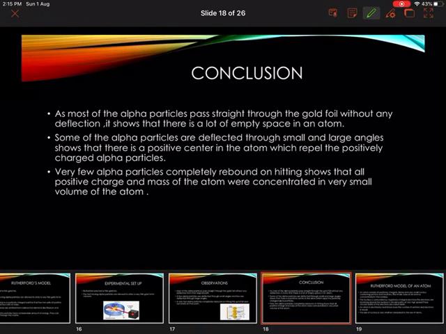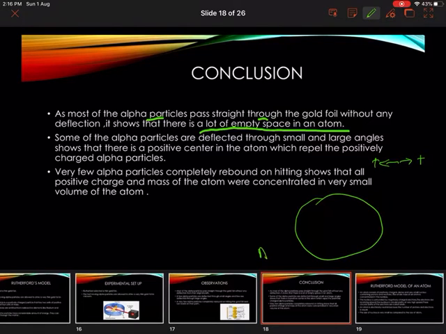So what did he conclude about this? He concluded that most of the alpha particles passed straight, so the majority of the atom is empty. Some of the particles are deflected through small and large angles, so there should be a positive center in the atom which repels, because positive and positive repel each other.